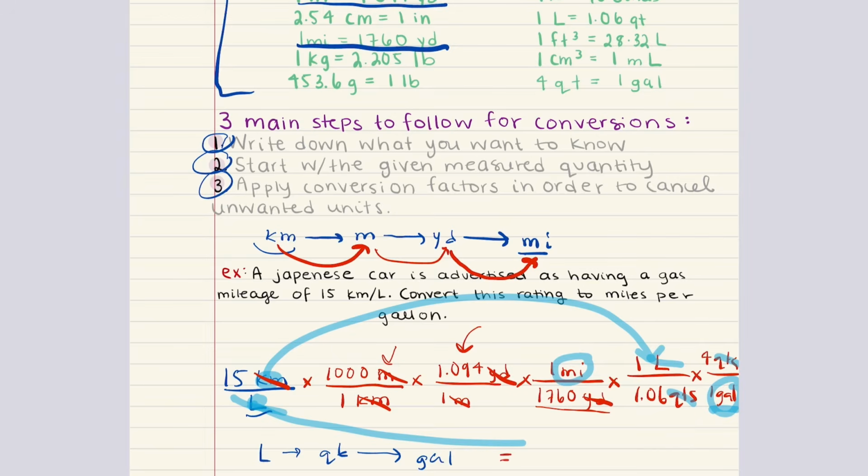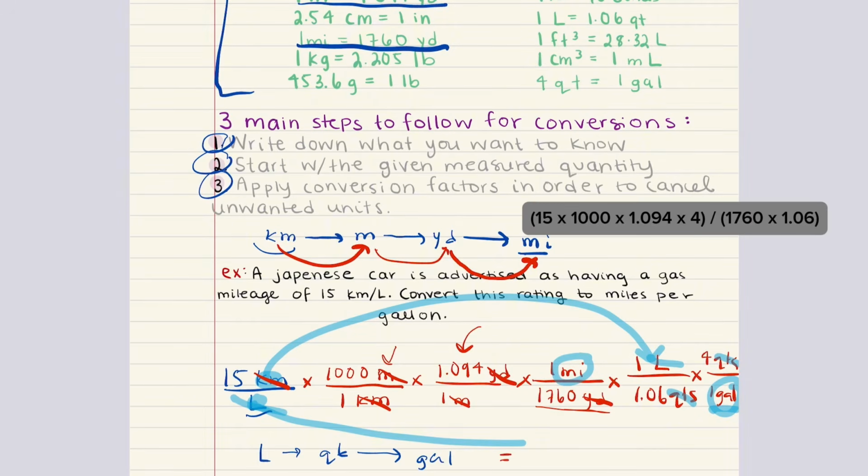If we go ahead and plug this into a calculator, plug in your numerator first, in parentheses, then divide by all the numbers in your denominator in parentheses. And what you're going to get as a final answer is 35.3 miles per gallon.